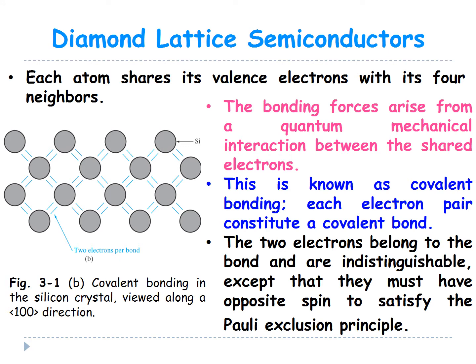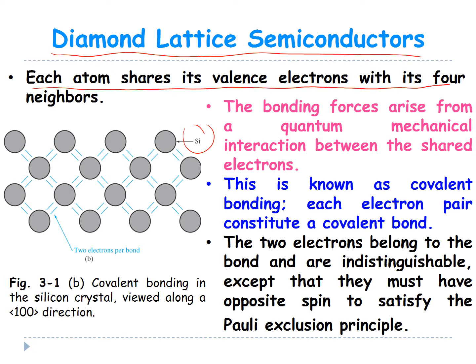Now for the case of a covalent solid, we have here the example of a diamond lattice semiconductor like silicon. As you saw in chapter 2, each atom shares its valence electrons with its 4 neighbors.